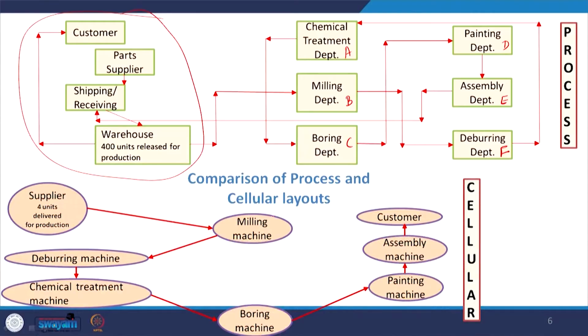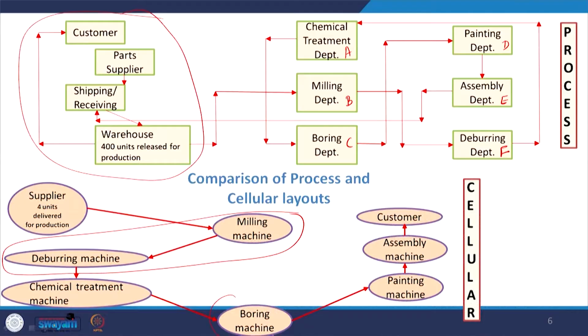Now, what is to be done is that this may become one cell. This may become one cell, that right from the supplier, milling to deburring, that is part of one cell. Then you may have a separate section for chemical treatment, which may not be combined with any other section, and then all these three things can be part of one cell.